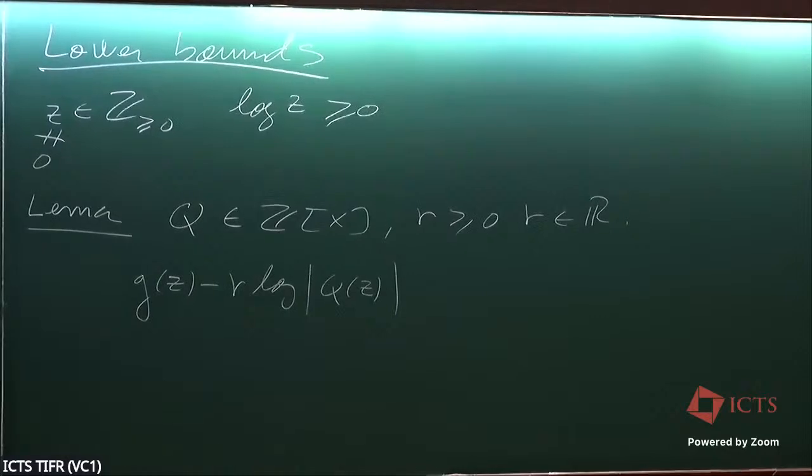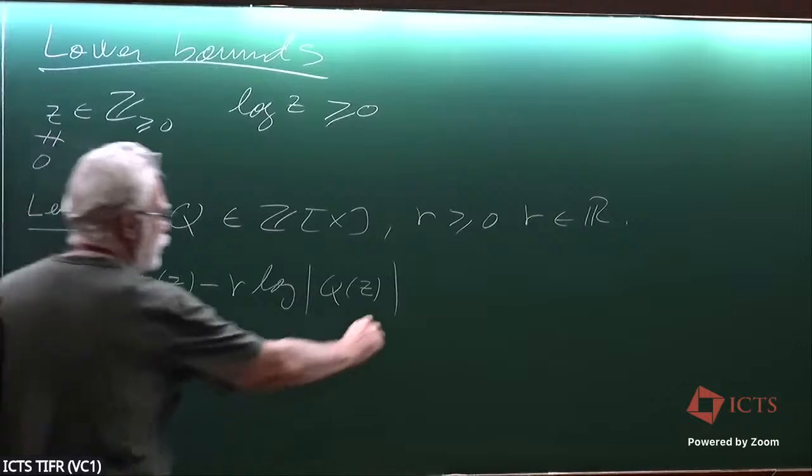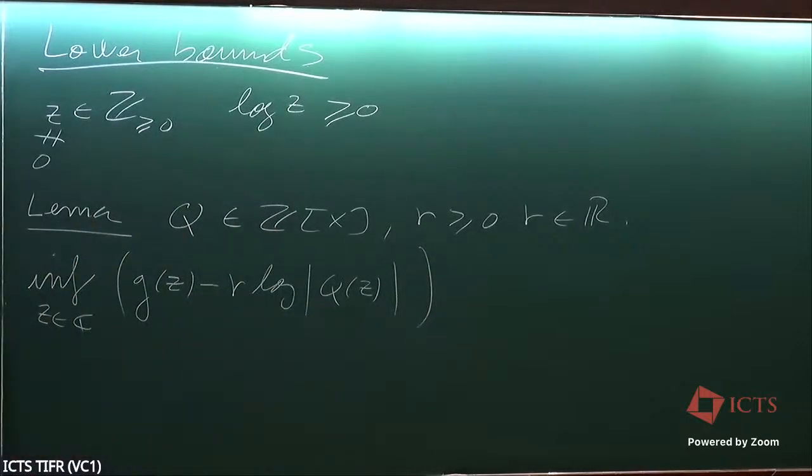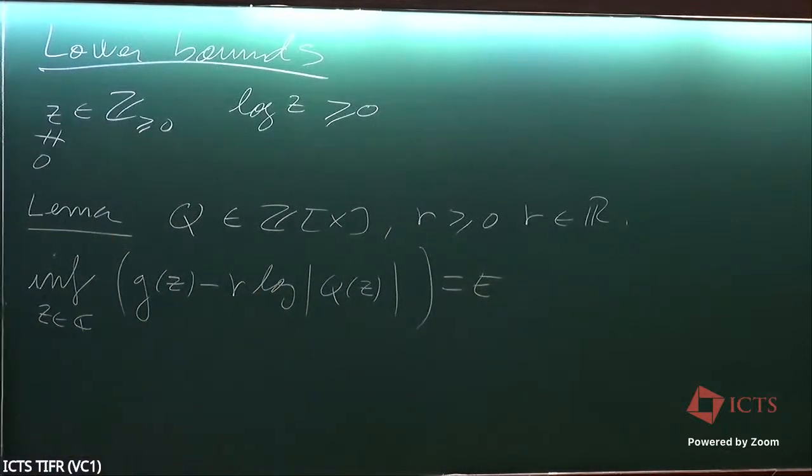Okay, we construct a new auxiliary function different from the previous one. And then I can look at the infimum for all elements in C of this function here and call it E. So remember I had my function g that was continuous and has this asymptotic. You can see that if it is continuous on C and has this asymptotic, this means that it goes to plus infinity when you approach infinity, and it has to be bounded below. It cannot go to minus infinity because it is continuous on the whole C.